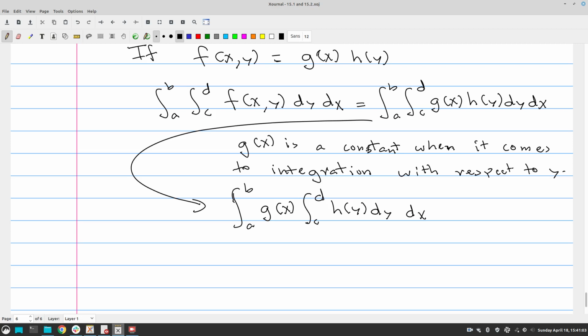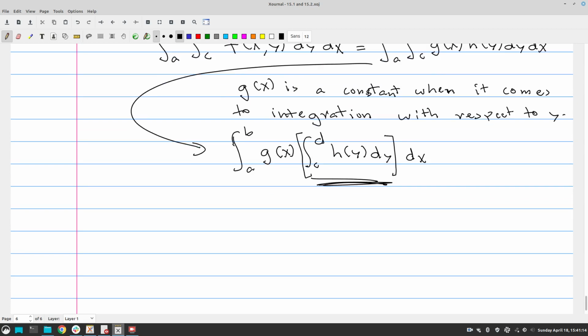Right? So now the integral from c to d of h of y dy is just a number, it's just a constant.